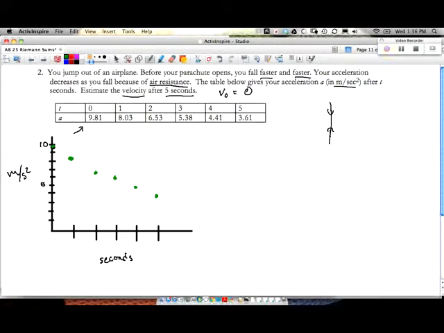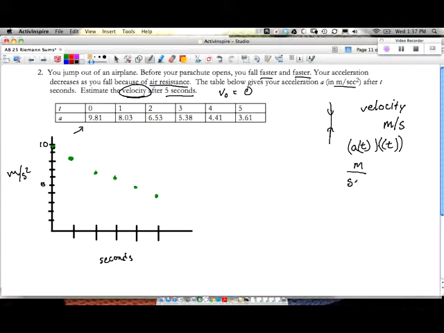So again, we're looking for velocity, and velocity in this case would be in meters per second. It says estimate your velocity. Velocity is a measurement of speed and direction, but in this case we're looking at meters per second. So if we were to take acceleration times time, let's see what that would do for our units, just to make sure.